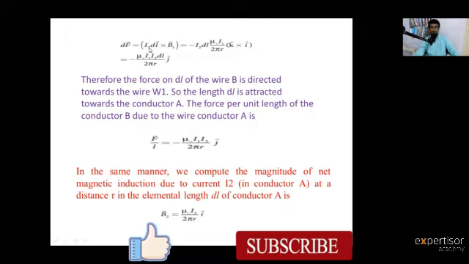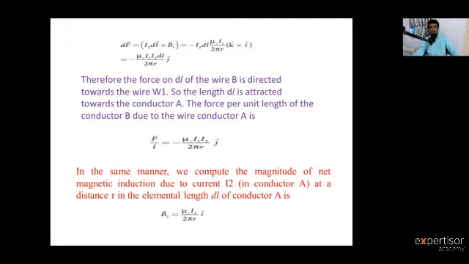Because the magnetic field is influenced by the I2 current, and also the force developed at the second conductor is applied on the first conductor. The force generated by the second conductor is applied on the first conductor, and at the same time the force generated by the first conductor is applied on the second conductor. So that's why I2 is the current flowing in the second conductor.